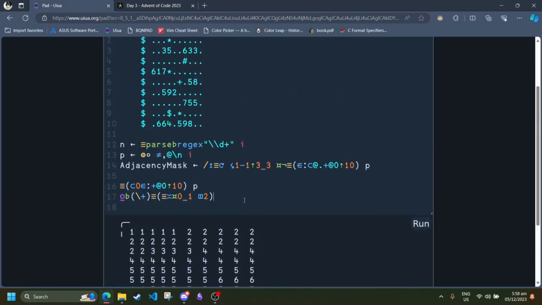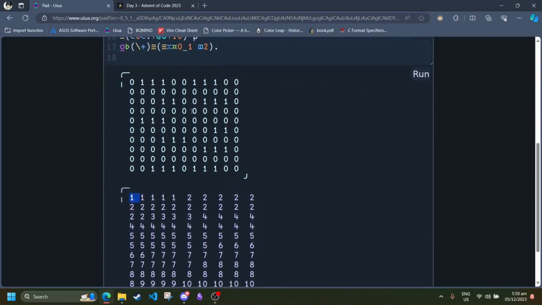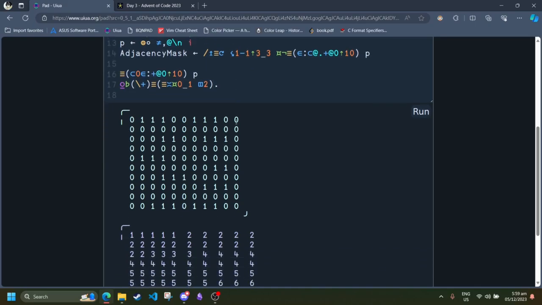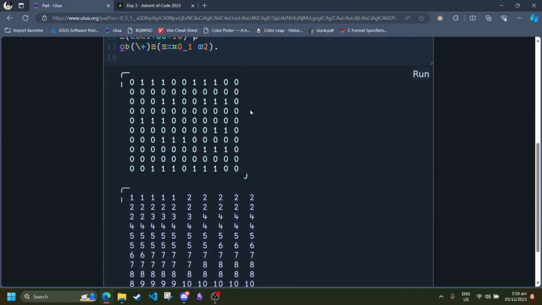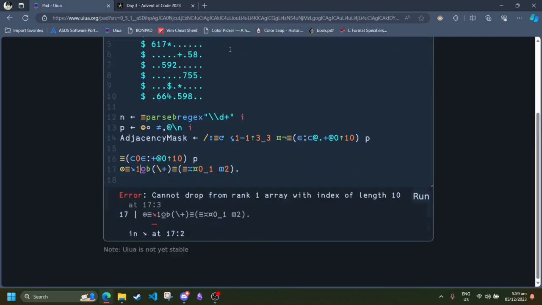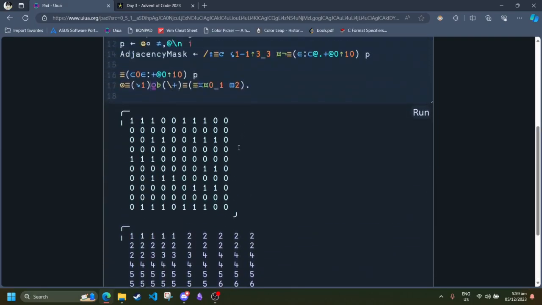And now the problem lies in the fact that these numbers, what's the shape of this? It's odd. Okay, sorry. Let's do a rotate up 1, or rather a drop 1, so that the shapes match.